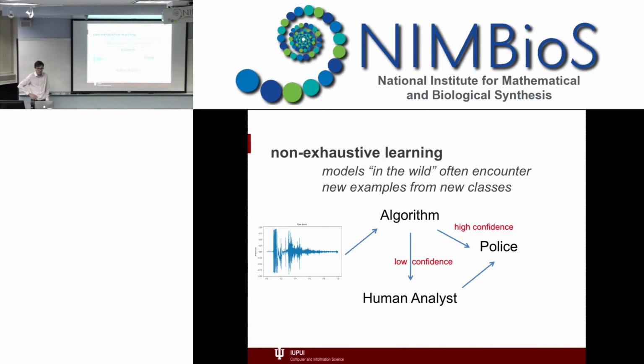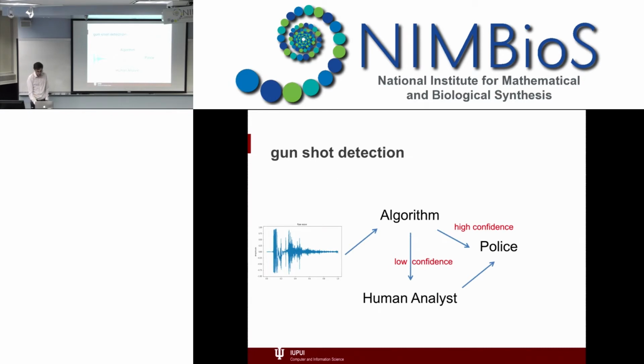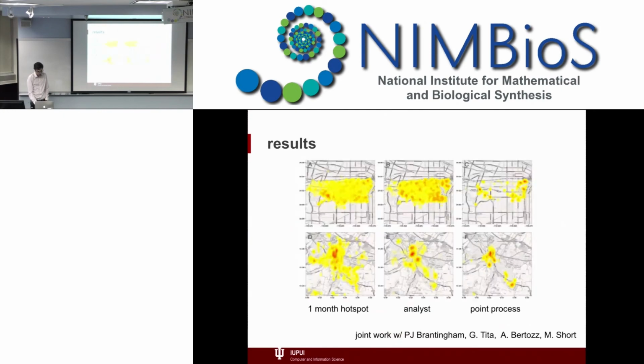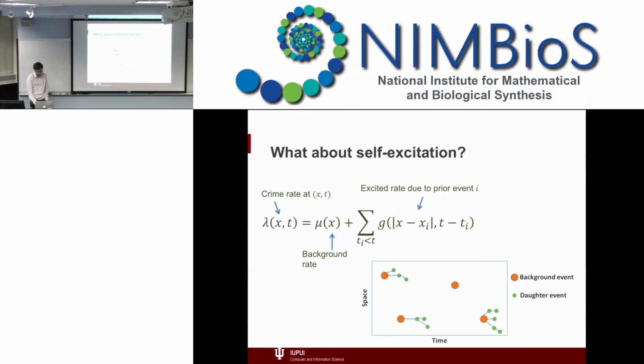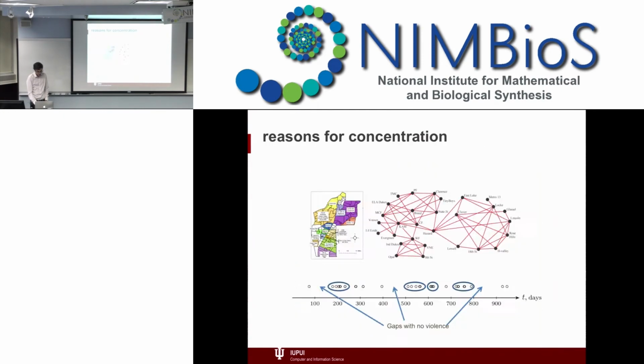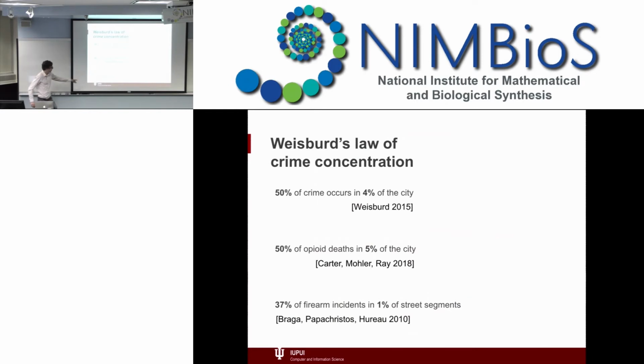I think they did this paper that I put on the first slide, Braga and Papachristos and Hureau. They reported this statistic in the table, and I think this one likely has the issue I'm talking about because their data set size was on the order of thousands, which is still too small.